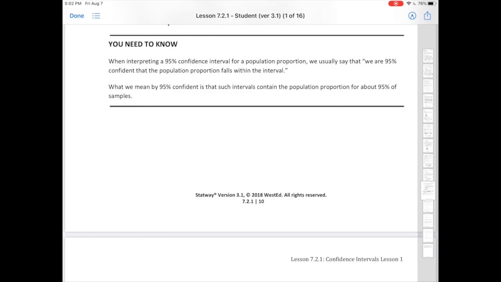This is a sentence that we're going to be writing a lot, okay? When interpreting a 95% confidence interval for a population proportion, we usually say that we are 95% confident that the population proportion falls within the interval.